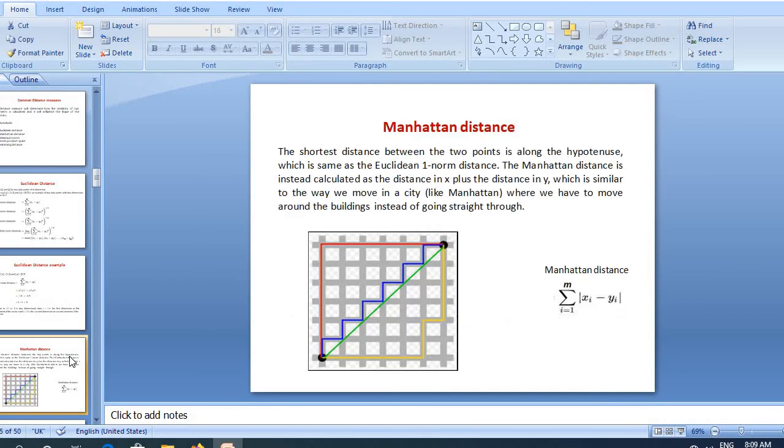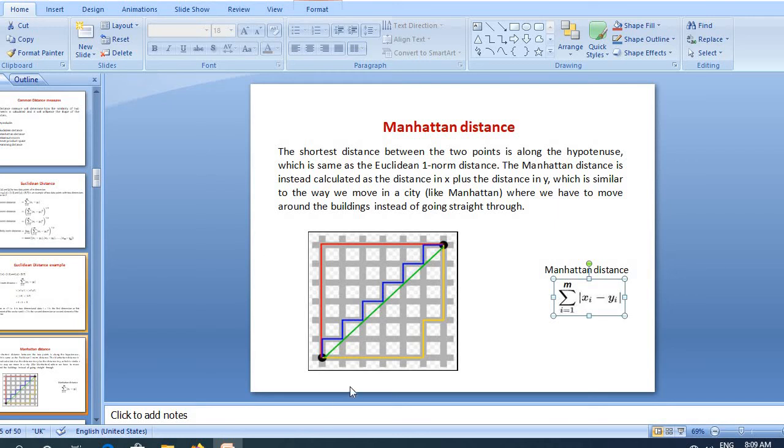Now, another one is Manhattan distance. It is actually the same as 1 norm distance, Euclidean 1 norm distance. What they say is, if you have a city with many buildings, like in Manhattan, you can't move a car or some vehicle through the buildings, you have to go around the city like this.